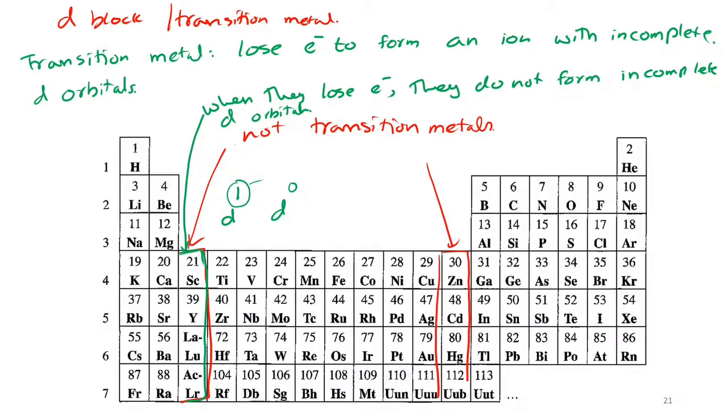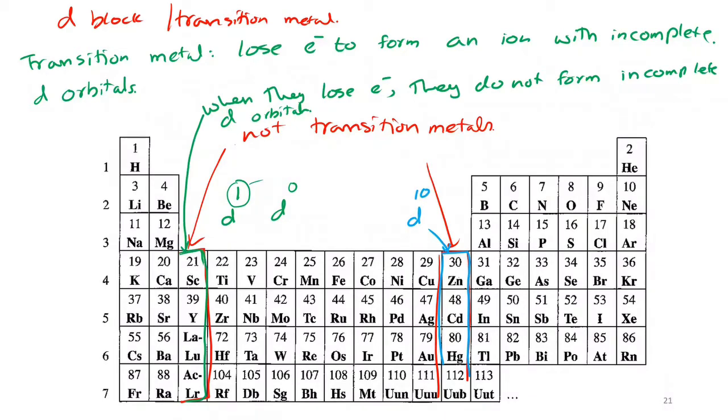Then what is the matter with the elements in the last column in this D block? The issue with these elements is that their d orbitals are completely filled.